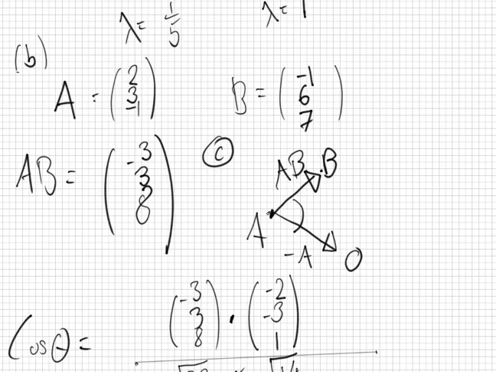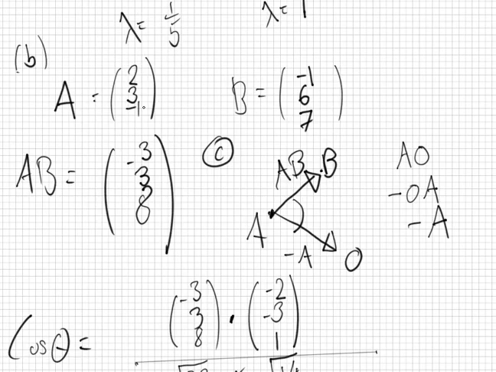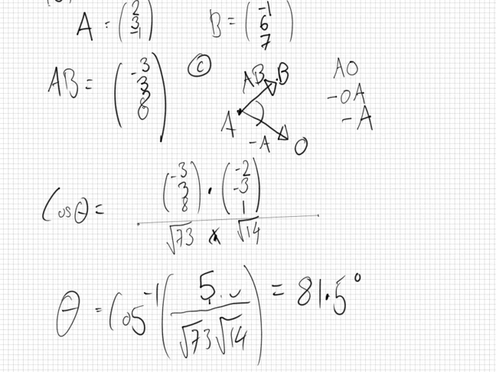But the second vector is actually A to O, which is minus O to A, which is minus A. If I wrote A and O, and drew the vector O to A, we call it A. But the one in the opposite direction is minus A. Okay, write that down.